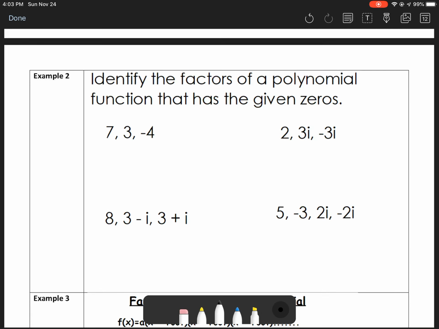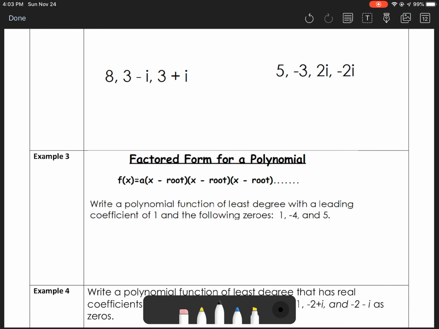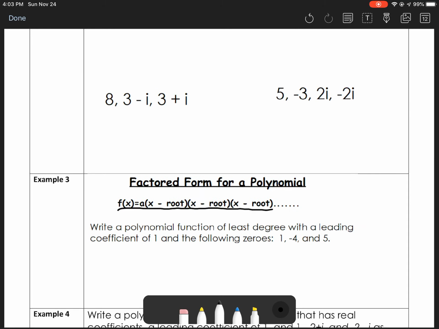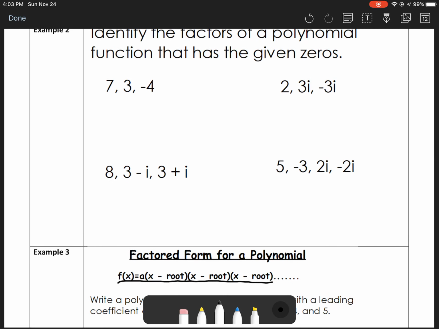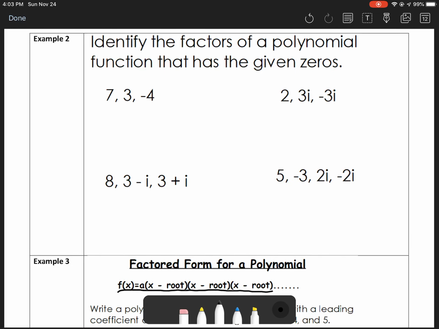Now we're going to identify the factors of a polynomial function that has these given zeros. The factors are going to look like this form here. f of x equals a times x minus the root, x minus the root. So we're going to put it in that form of x minus our root. We talked about this when we were discussing x minus p, x minus q when we talked about quadratics. So if 7 is one of our roots, it's going to be x minus 7.